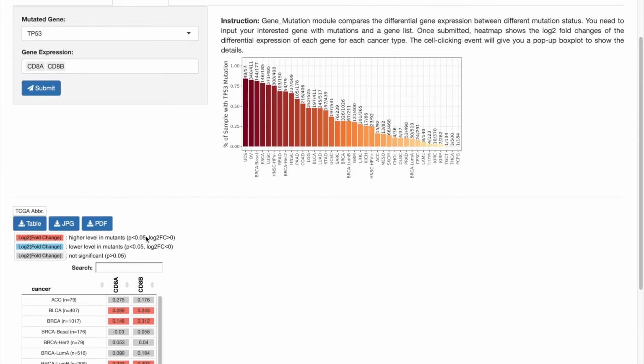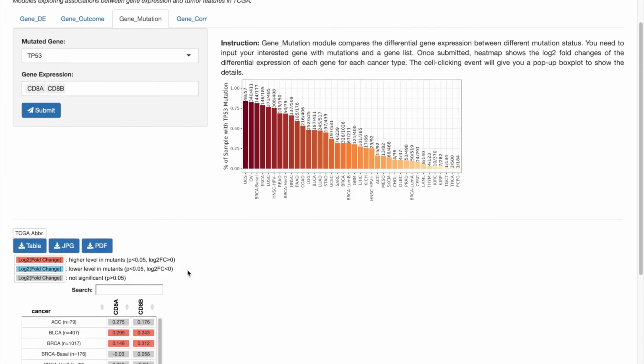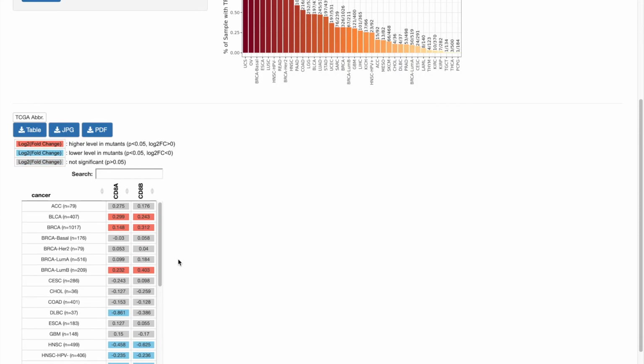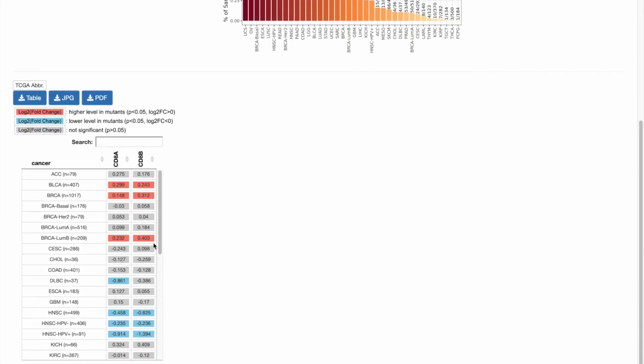You can see sometimes the TP53 mutation has a high expression of CD8 T cell marker genes, for example, in breast cancer. And sometimes the TP53 mutant samples have low expression of CD8 T cell marker genes, for example, in HPV positive head and neck cancers.